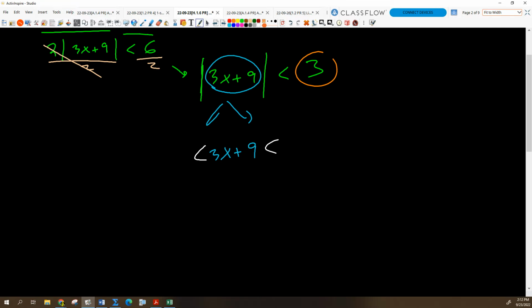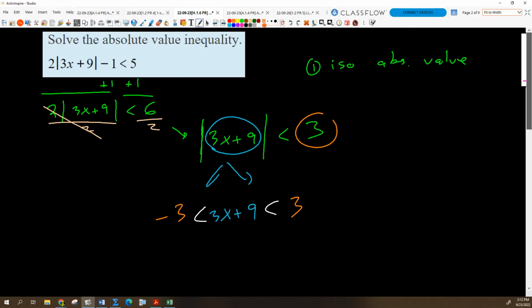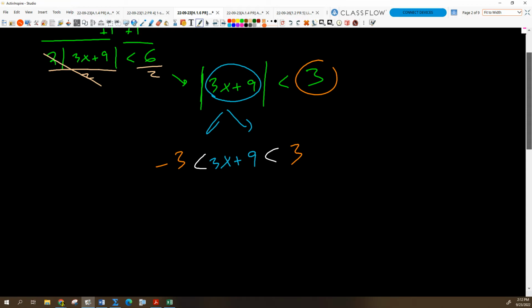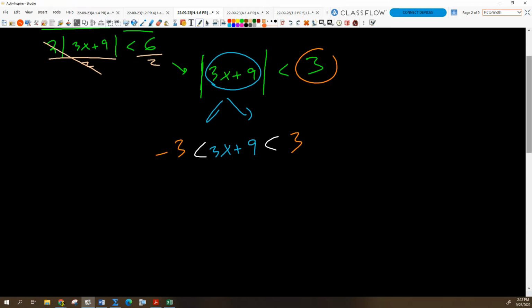Whatever's inside is going to get split so it's greater than the negative number and less than +3. Okay? Okay, give me thumbs. Well, but in this case, there's no equal to on it, right? So if there's an equal sign there, it works the same way, but we just include an equal sign. Okay? This time there's no equal signs. Okay, so there's step 2. We split.